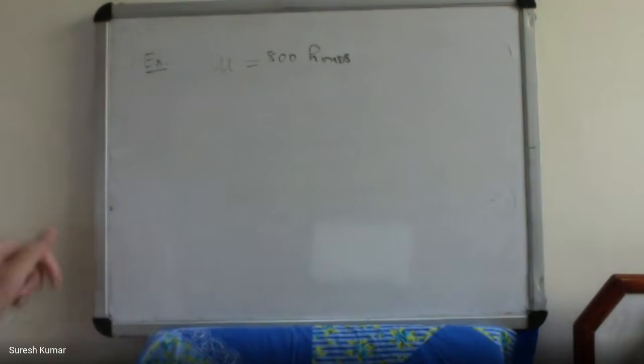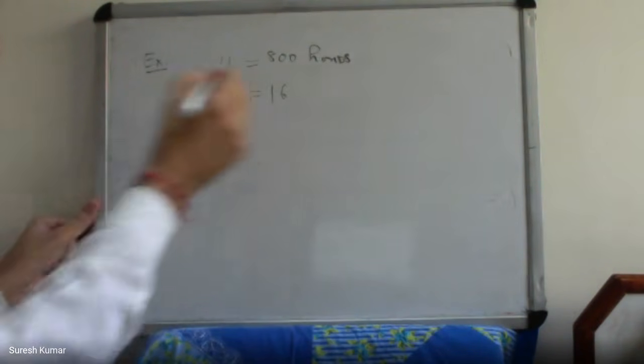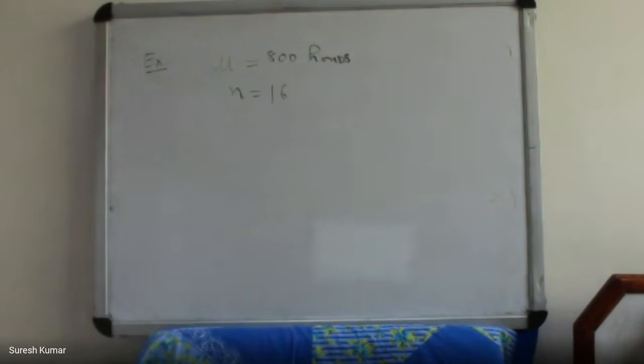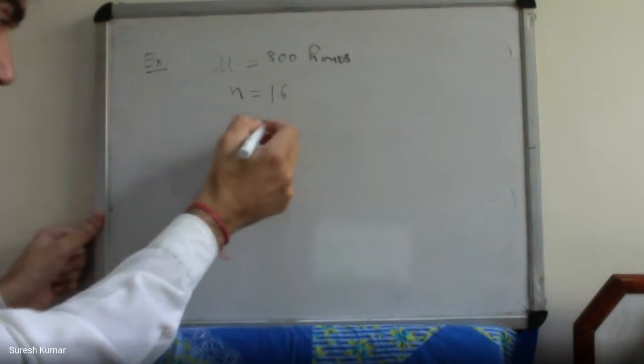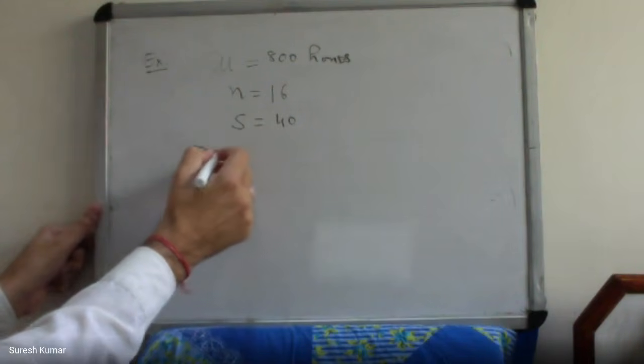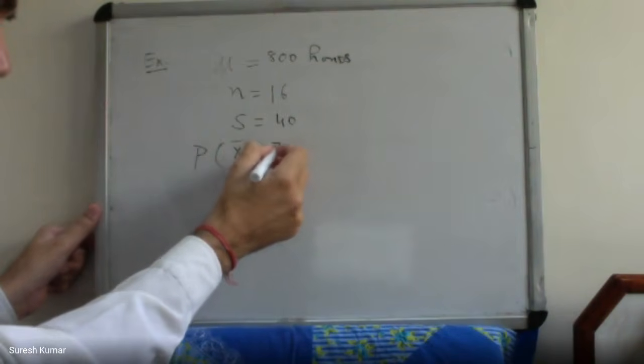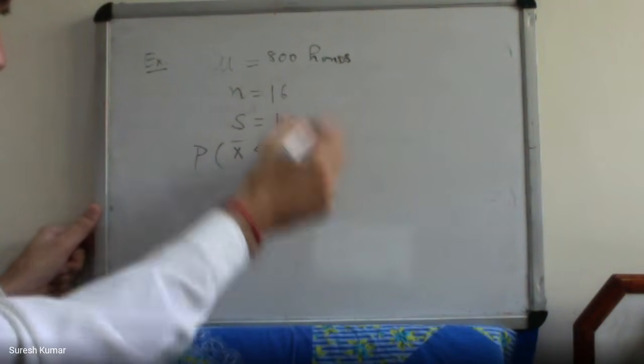Find the probability that a random sample of 16 bulbs, mean size is 16, with a standard deviation of 40 hours, will have an average life of less than 775 hours. Means you need probability x bar less than 775 from this information.